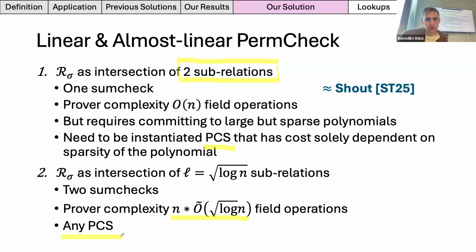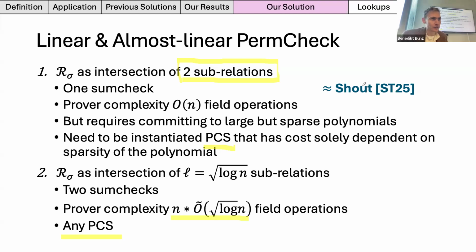Okay. Sorry, I kind of missed this, but how does this compare to Shout? You can look at the first result as essentially the same as Shout. What are the differences? They look at it as a lookup argument. We look at it as a permutation argument.